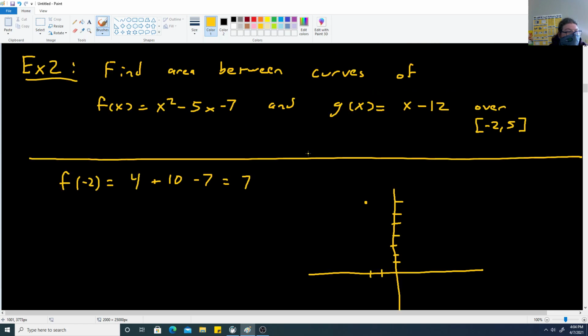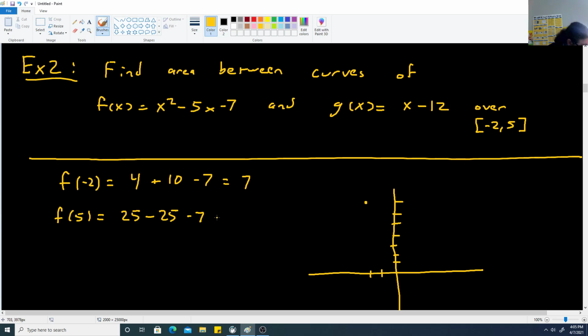Okay. Then we're going to say, all right, where does this thing stop? It stops at f of 5. F of 5 would be 5 squared is 25, minus 5 times 5 is 25, minus, what is that, minus 7? Is that right? 5 squared is 25, minus 25 minus 7.